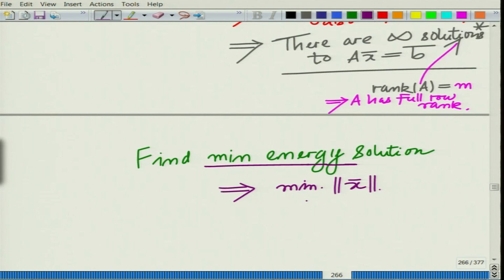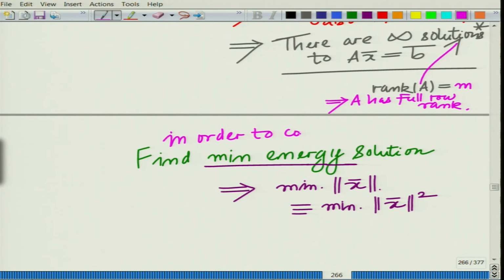So, we minimize norm x bar, which is similar to minimizing norm of x bar square, because minimizing norm of x bar is equivalent to minimizing the norm of x bar square, and this we are doing in order to constrain the solution, right.